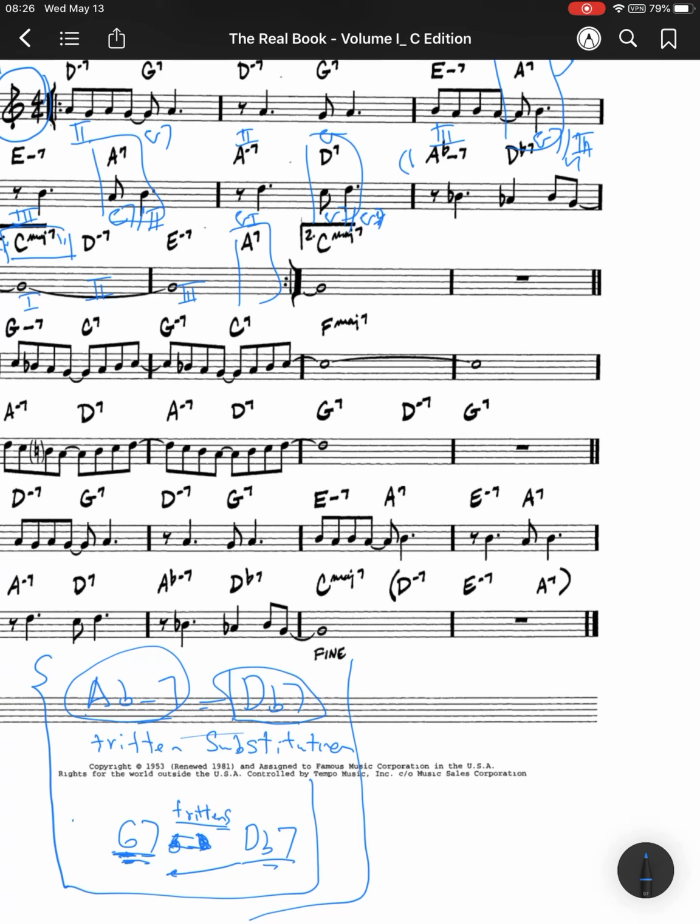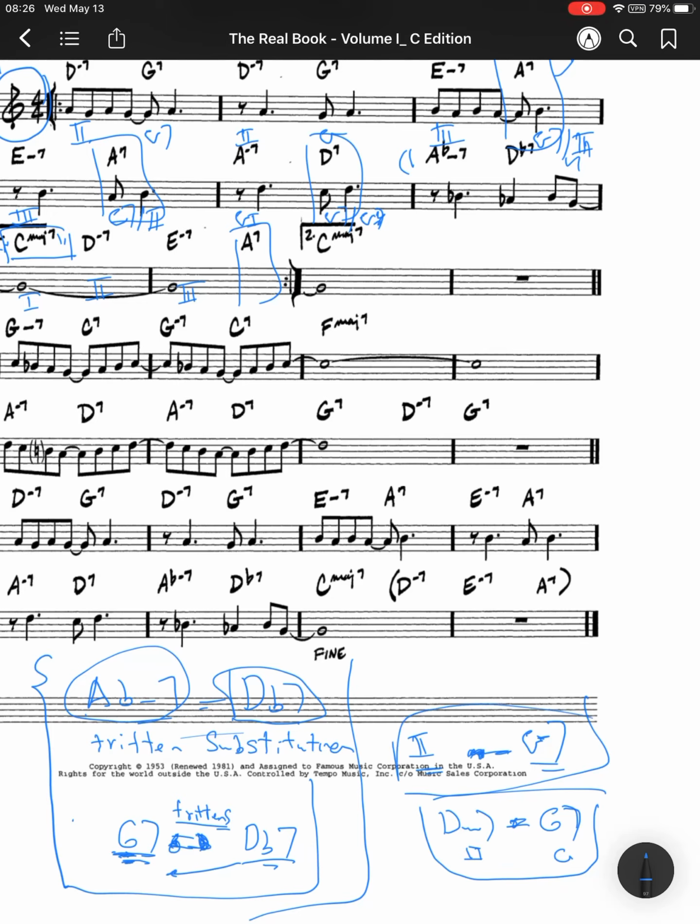Another substitution or reharmonization technique is this: when we have the dominant chord, we can use the second chord of that scale before the dominant chord. That means G7 is the dominant chord of the tonal center. Of course, you can use the D flat minor 7 and actually create a 2-5.